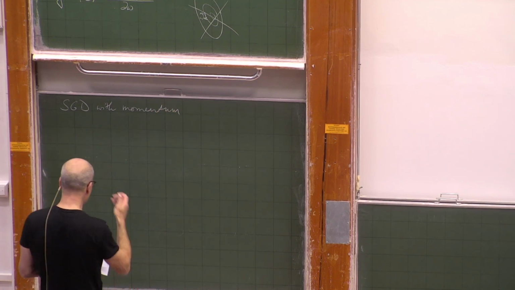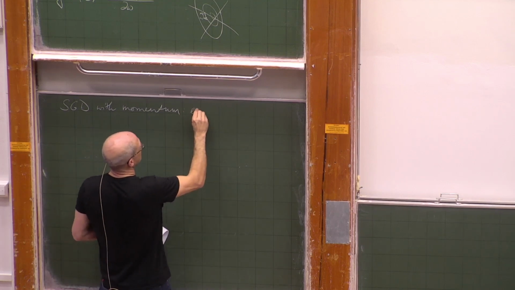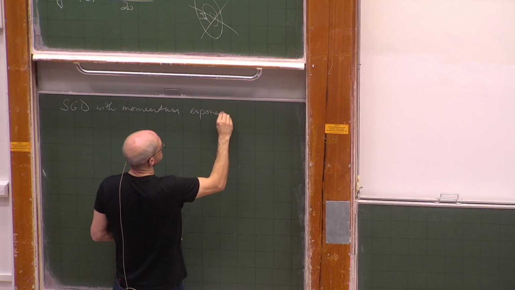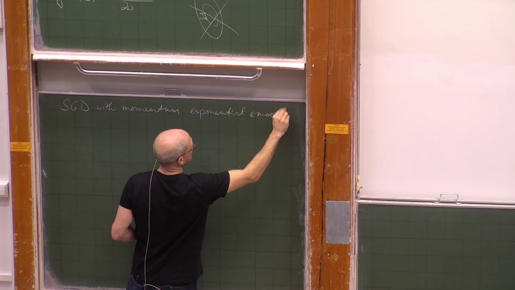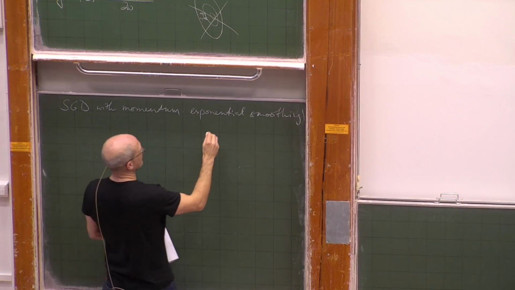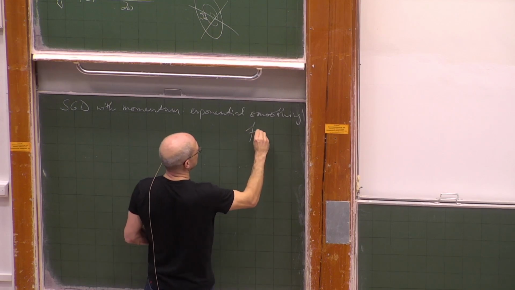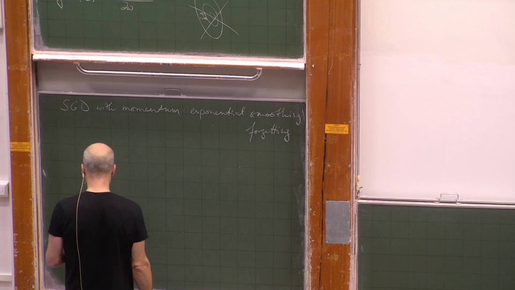So in SGD with momentum, we have some exponential smoothing, or if you wish, some exponential forgetting of the gradient.